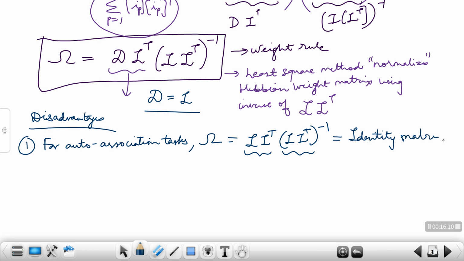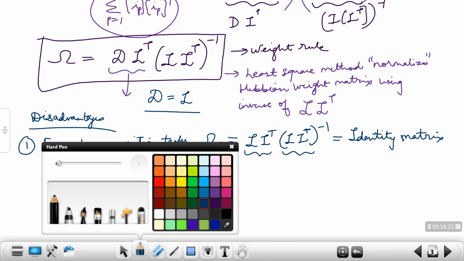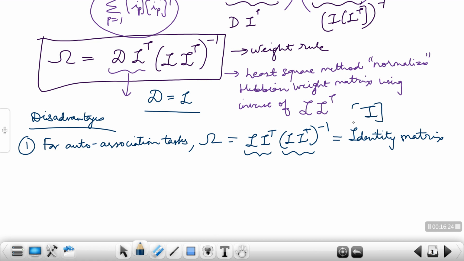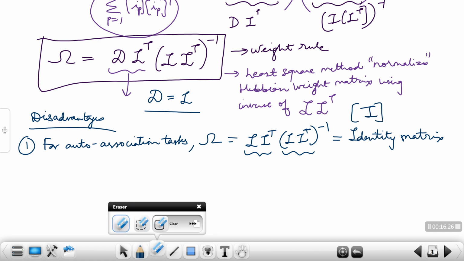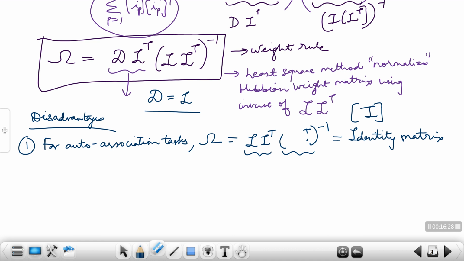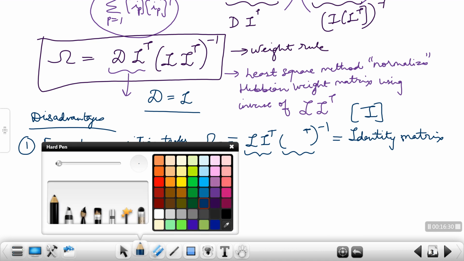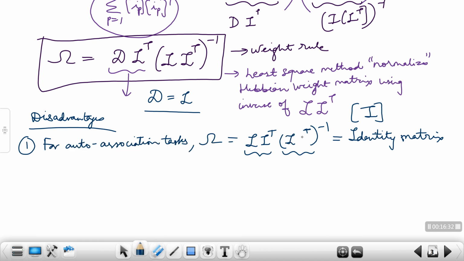So this particular thing cannot be used. Now please note, whenever I am using the symbol I here, it is a cursive I, because the identity matrix is written the other way. I make it a point to have a cursive I which should look like a J. Okay, so you need to take care of that.